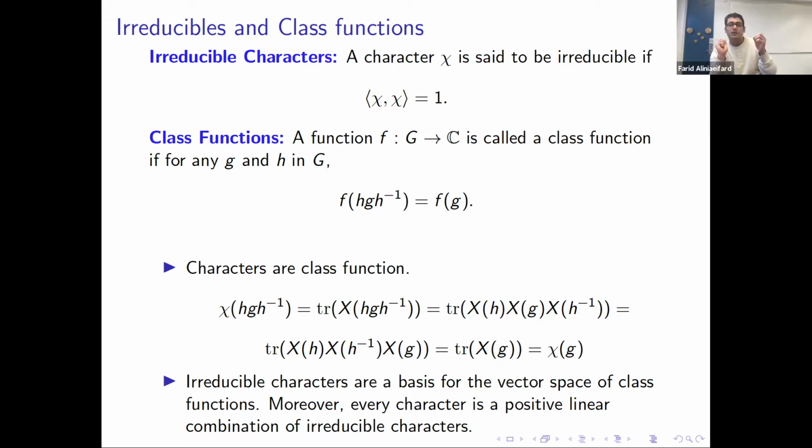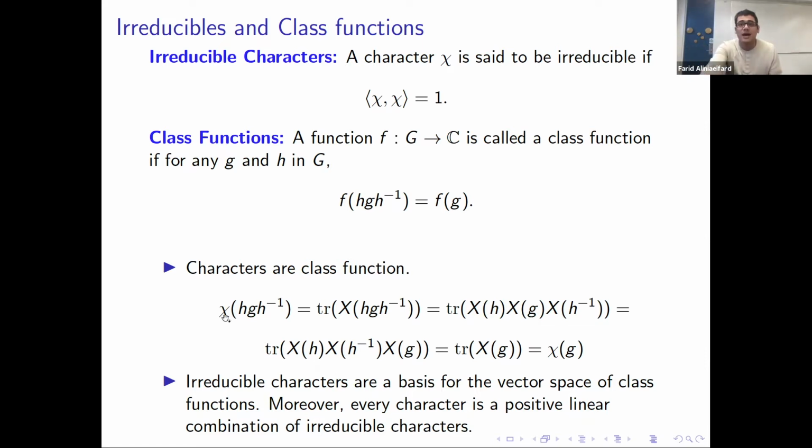And irreducible characters give me a basis for the set of all class functions. Moreover, every character is a positive linear combination of irreducible characters. So two things here are very important. First, every irreducible character is constant on conjugacy classes. And second, every character can be written as a linear combination of irreducible characters.